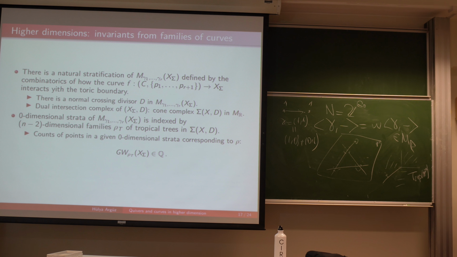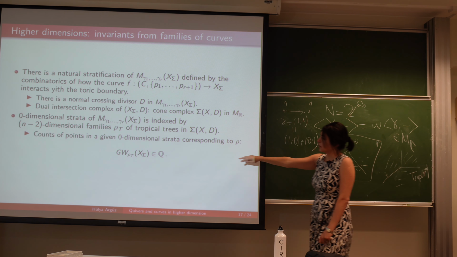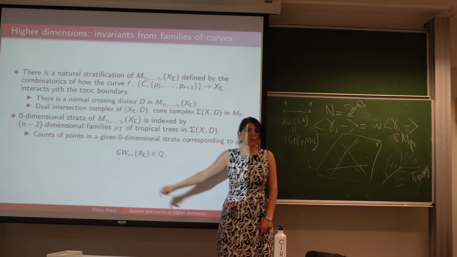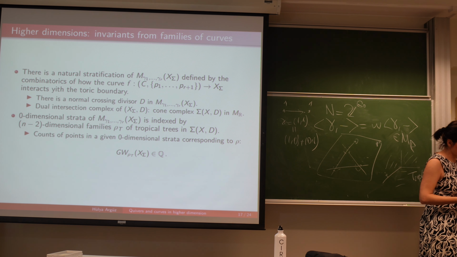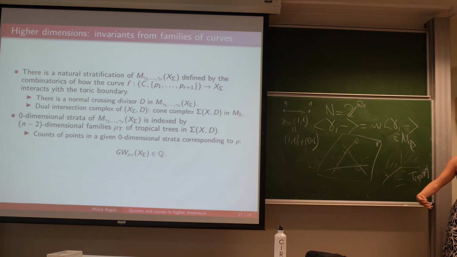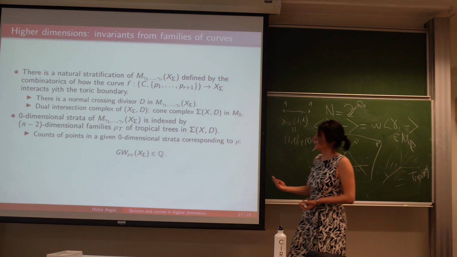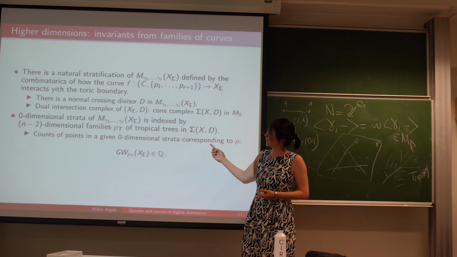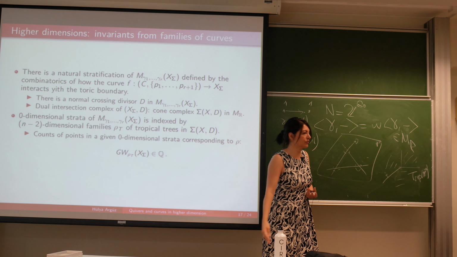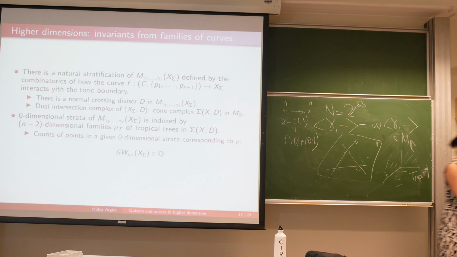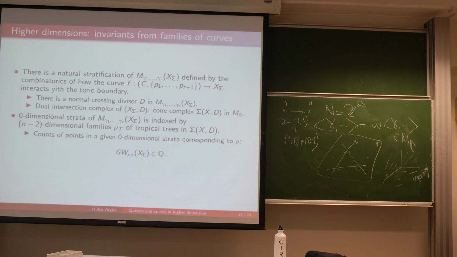So the idea to count curves which tropicalize into families of tropical curves is to view them as the limit of families of curves. Like the idea is to count as bad as possible curves in your toric variety, which fall into the toric boundary, which arise as limits of families of curves, which will have the correct tropicalization.